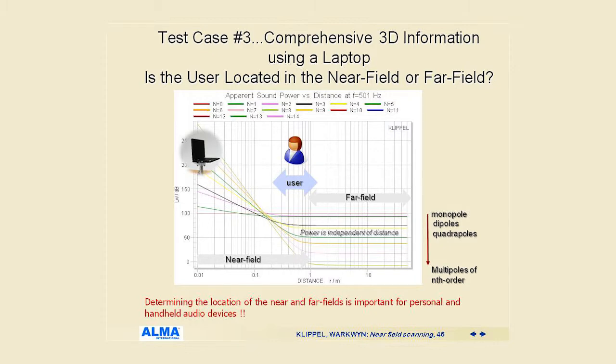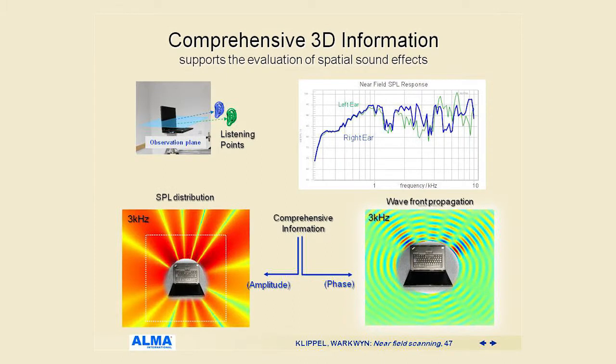Determining location in the near and far field is important for personal and handheld audio devices. Comprehensive 3D information supports the evaluation of spatial sound effects. Again, the laptop, and we have listening points. We can have listening points simulating the left and right earlobes. We get a different curve at each position in the near field.